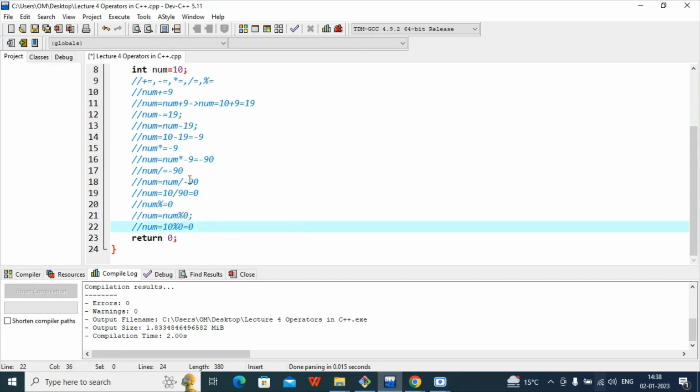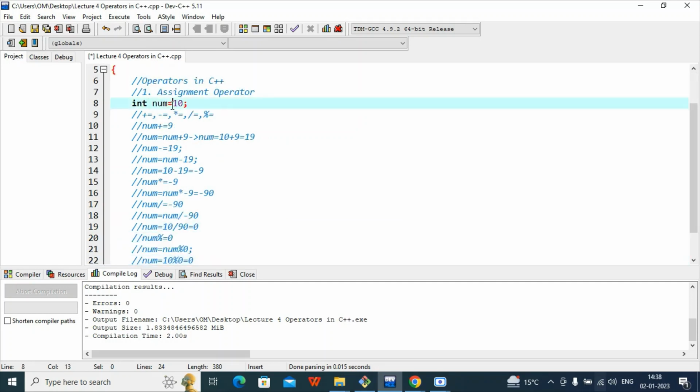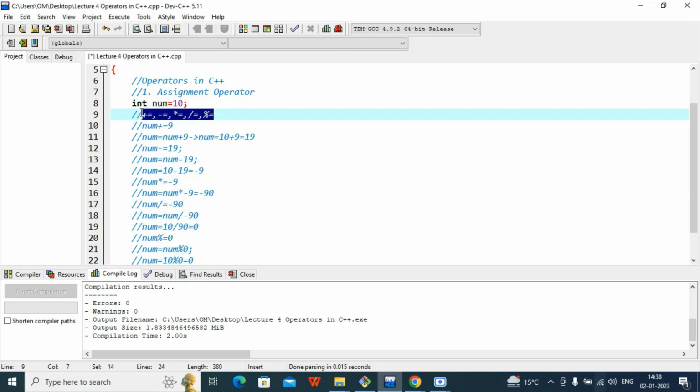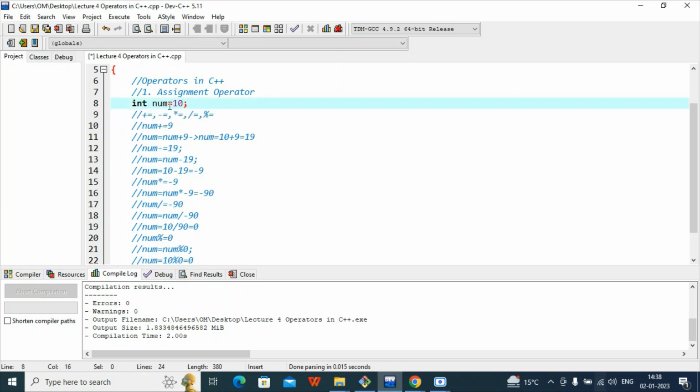I don't feel like you will face any doubt, because in compound expressions we covered every expression like this. What I did is take num as 10 and perform all these 5 operators. Suppose num as 10 and plus equals to, I got some value 19.